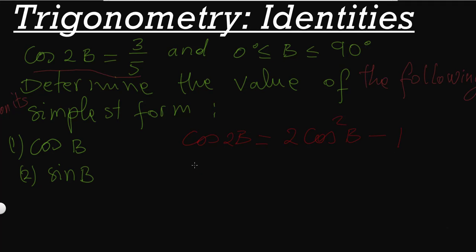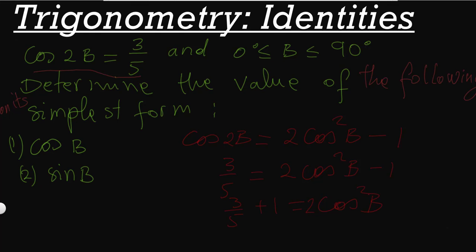Therefore you just replace cos 2 beta, which is given to you as 3 over 5, and then we have 2 cos squared beta minus 1. Then you solve. You transpose this 1 to this side, it will be 3 over 5 plus 1, and this side will be 2 cos squared beta.